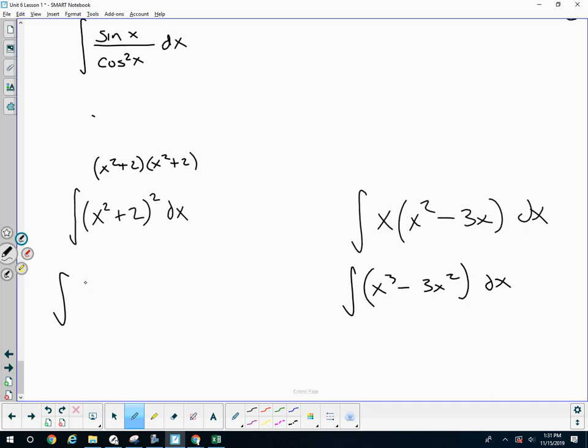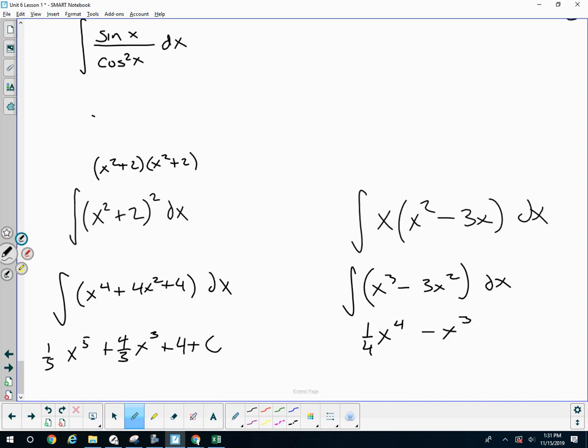This becomes x to the 4th plus 4x squared plus 4. Antiderivative, x to the 5th times 1/5 plus x cubed times 1/3 plus 4x plus c. Here, x to the 4th times 1/4 minus x cubed plus c.